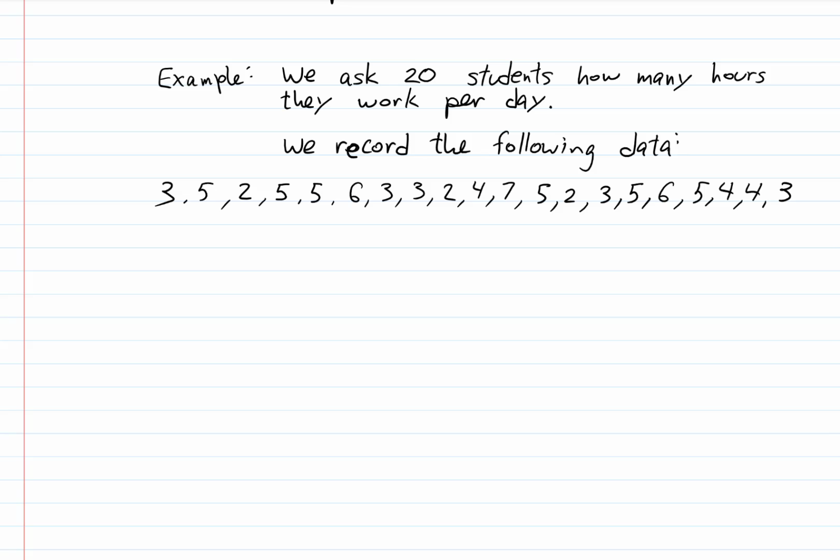Why don't I just write 2 one time and say that it showed up 3 times? It'll save me a lot of space and time. So here's what I'm going to write. I'm going to write data value in the first column. I'm going to write frequency in the second column. And for right now, let's just stop right there, just to show you how this works.